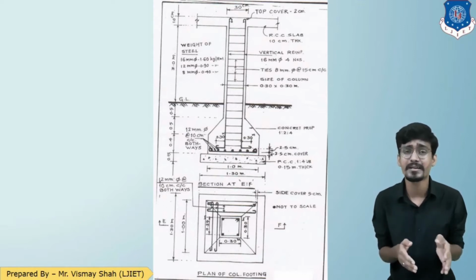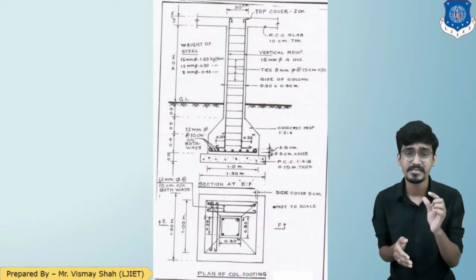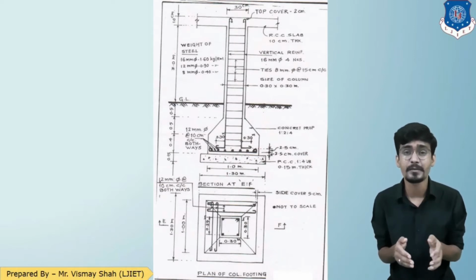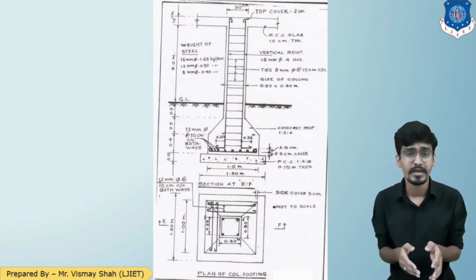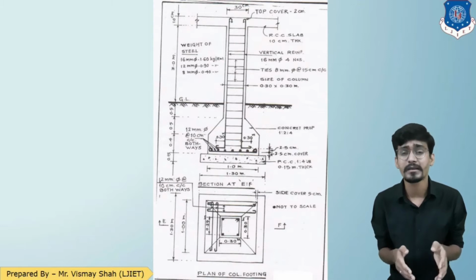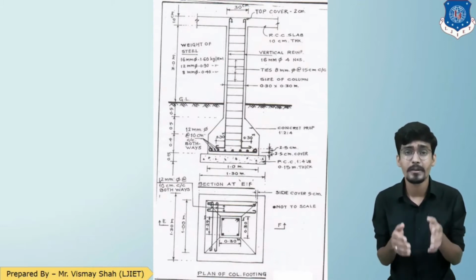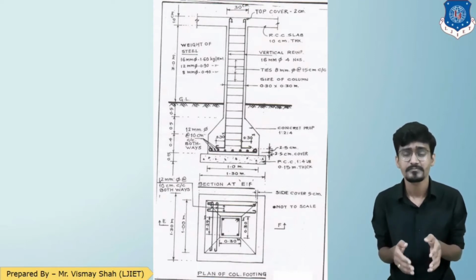This 1.30 meter, student, is the width of the excavation and PCC. As you can see, just above that 1.30, the thick PCC is shown. Now above that is the column footing. This column footing has a width or base of 1 meter.